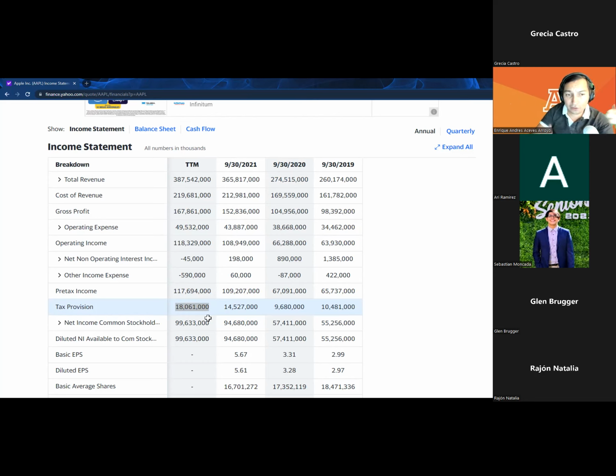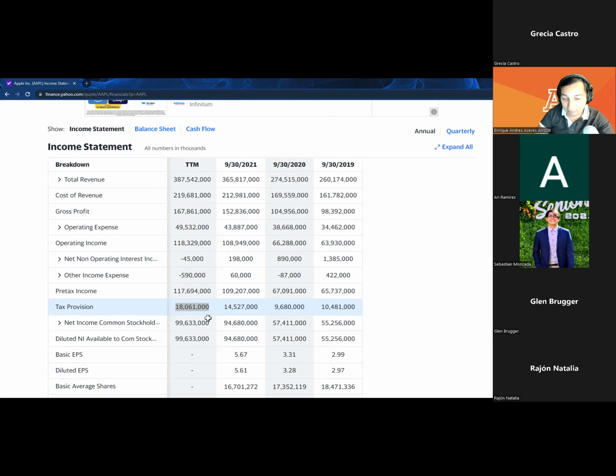You just divide the tax provision by the earnings before taxes, and they are expecting to pay a 15% effective tax rate. I know that the tax rate is 21% for C corporations, but the effective tax rate that they are paying is 15%.